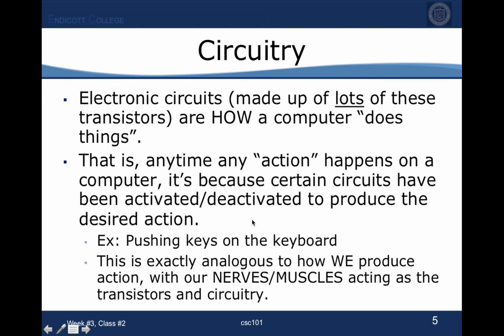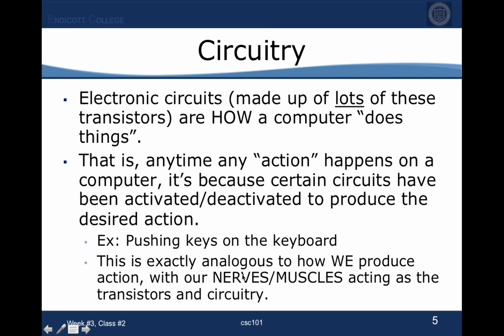For example, I push keys on the keyboard, or I move the mouse, or I put a disk in, or I click on things. That makes things happen. That's my way of sending a stimulus to certain parts of the computer that are going to say, oh, okay, he clicked on that link, I should launch a browser and go to that website. So that's the idea: I stimulate things to happen through mouse, through keyboard, etc.